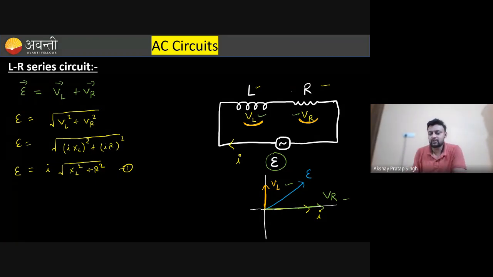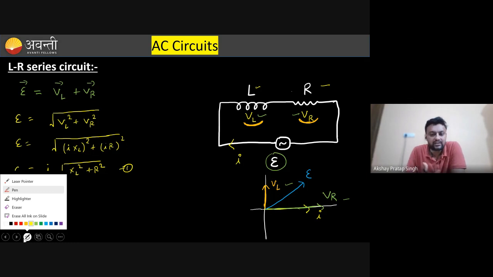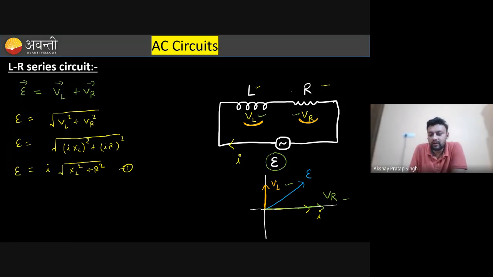I think the definition of impedance is clear to everyone. What is impedance? Impedance is the effective resistance of a series AC circuit. Okay. Now, one more thing. Like this is the circuit.